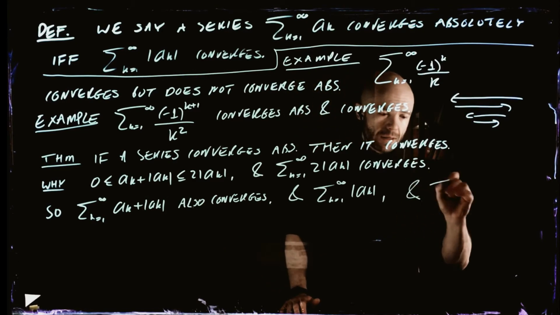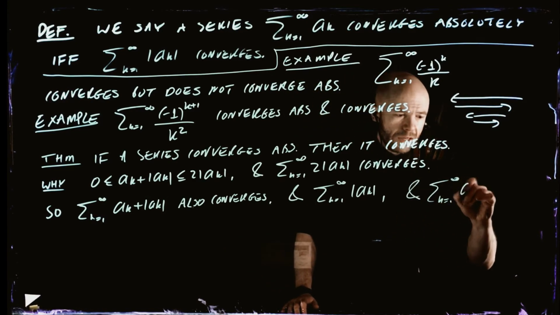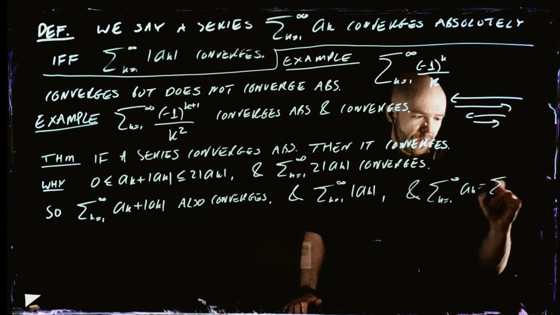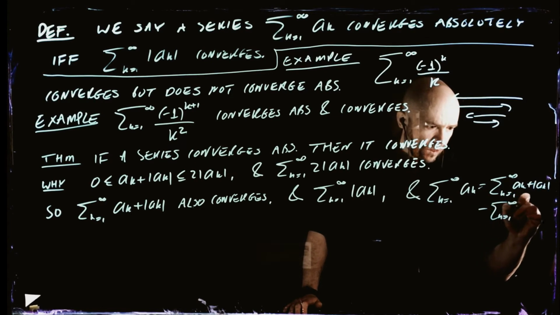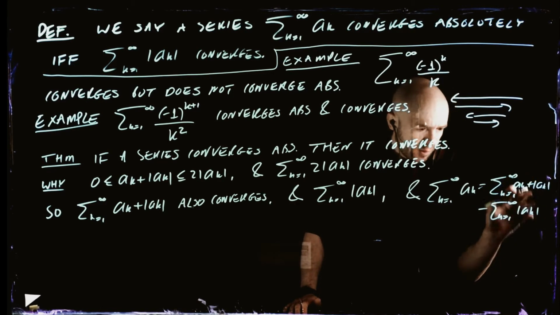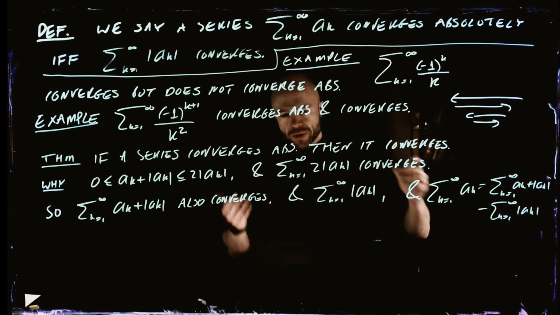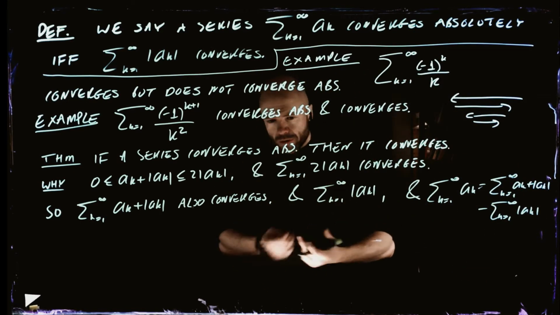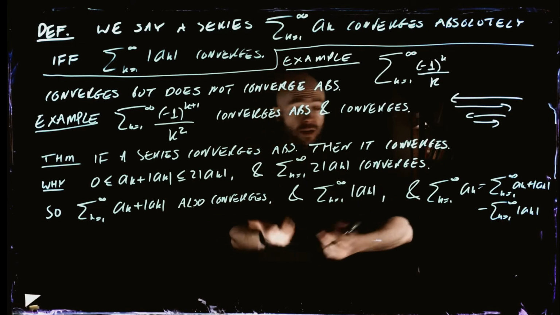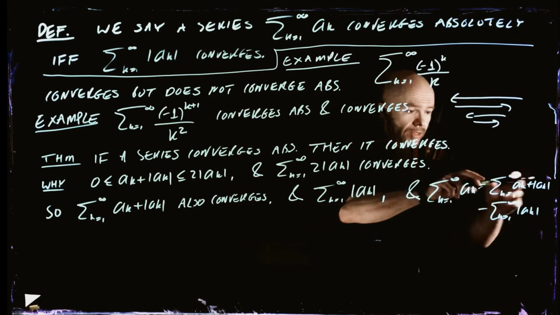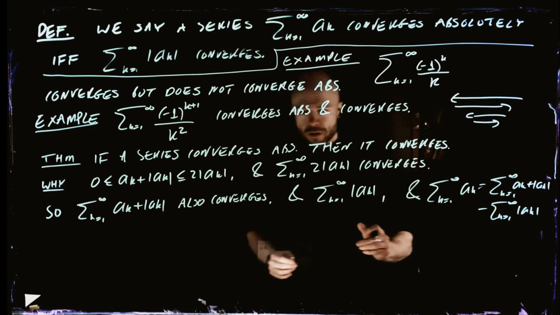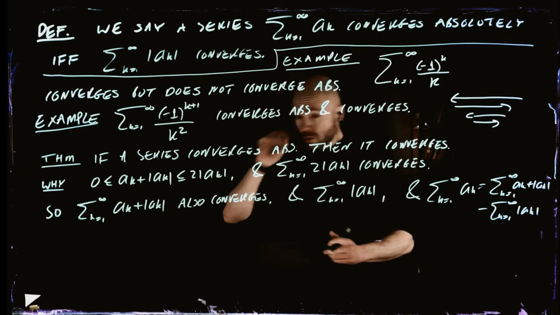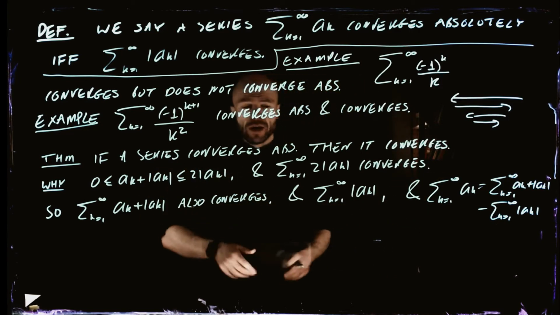The sum of a_k is the sum of a_k plus absolute value of a_k, minus the sum of the absolute value of a_k. This converges and this converges, so when we have convergent series, we can treat them just like finite sums. Everything that's true for finite sums is true for convergent series. Particularly, we can subtract them. So if we subtract, we just end up with this thing, and therefore this thing converges too. And that's it. It's just one or two lines to see why this is true.